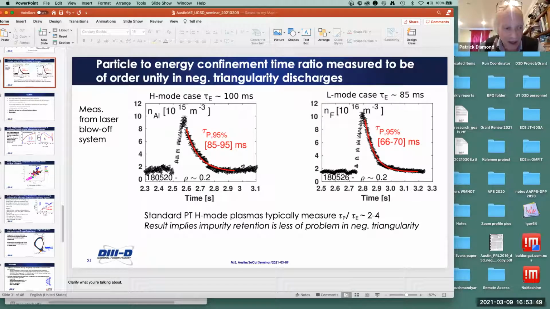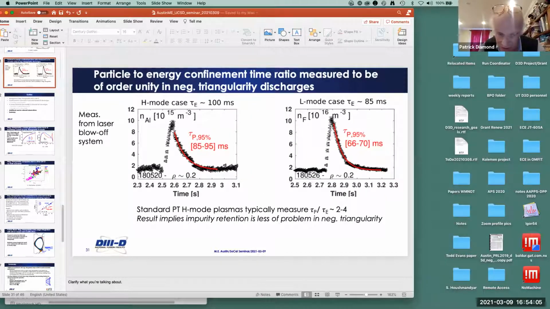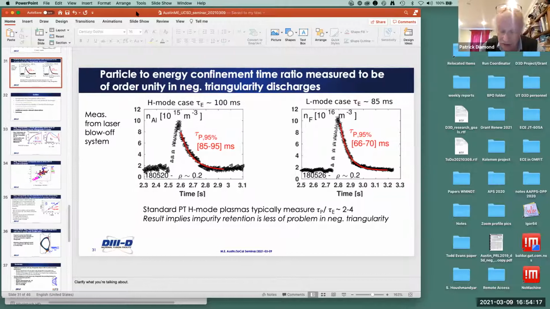So I've heard your talk a few times, and it's exceedingly interesting. One thing I hadn't caught before was the I mode-like behavior of L mode, and also this charming tau p to tau e ratio. The question that immediately comes to mind: what's the nu star e at the edge?